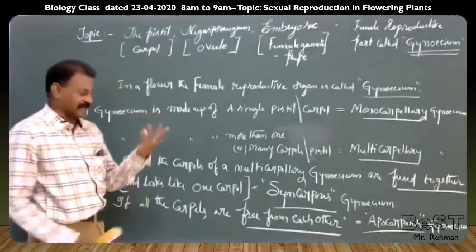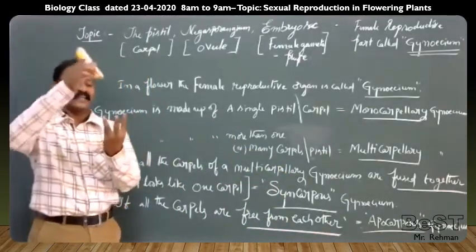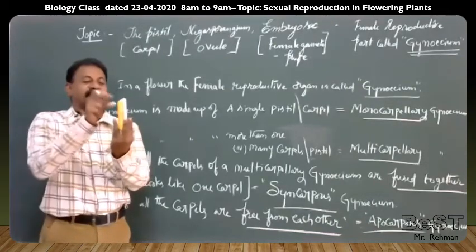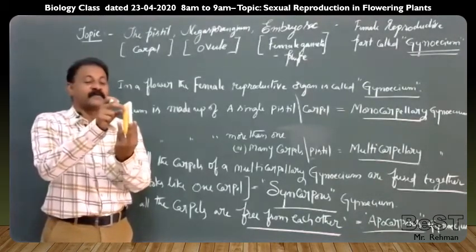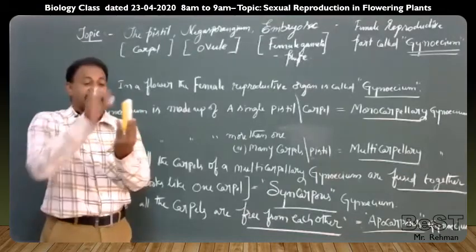In a single flower, there is a gynoecium. This gynoecium is represented by a carpel or a pistil.